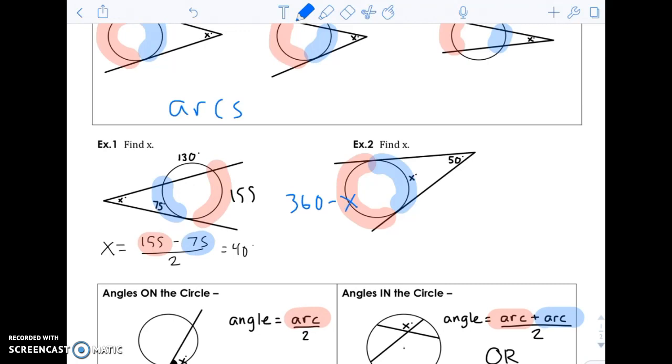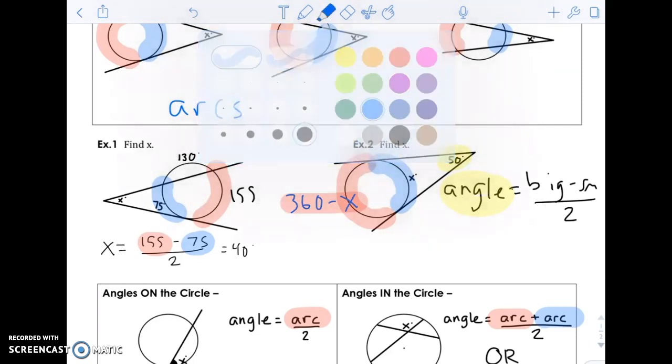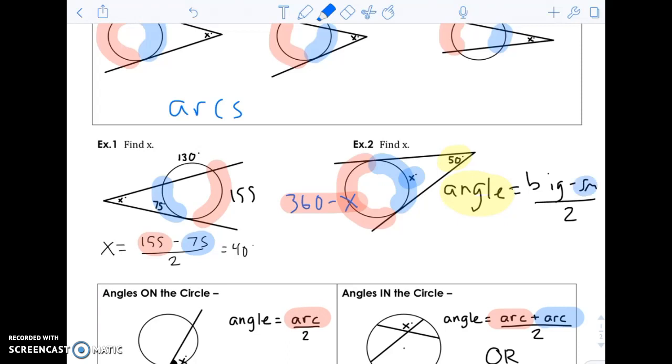So what I can do with this is I can take these pieces and put them in the order of the equation. Remember, the equation says that the angle will equal the big arc minus small divided by 2. Well, currently the angle is 50, the big arc is 360 minus x, and the small arc is x, so I can put each of those pieces into the correct spot, and now I have myself an equation.